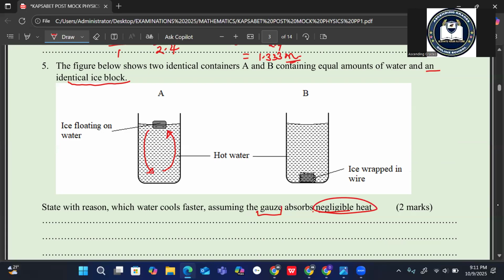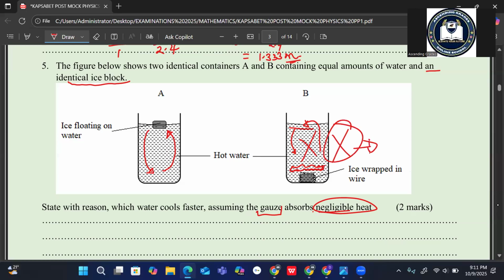But in B, the cooling will only be occurring at the bottom. And since there will be no issue of change in densities, even if there is change in densities, the water at the bottom will become denser, but it cannot move upwards to displace more water to keep coming down. So there will be no convectional currents in this one.